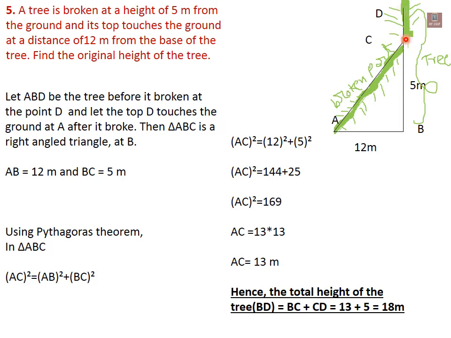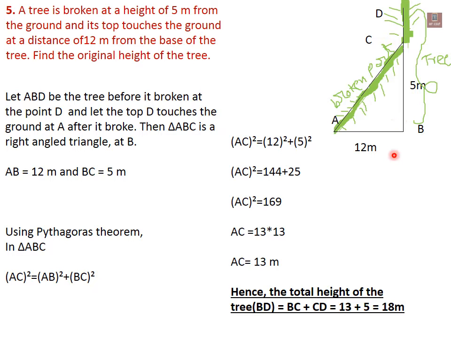So this part has been broken and it fell down on the ground and touches at the point A. Then triangle ABC is a right angle triangle and the right angle lies at B.